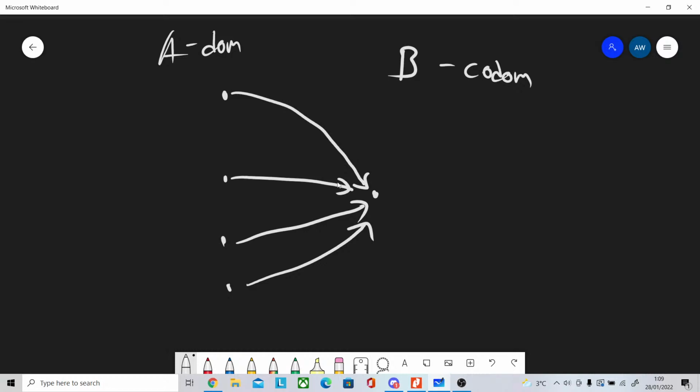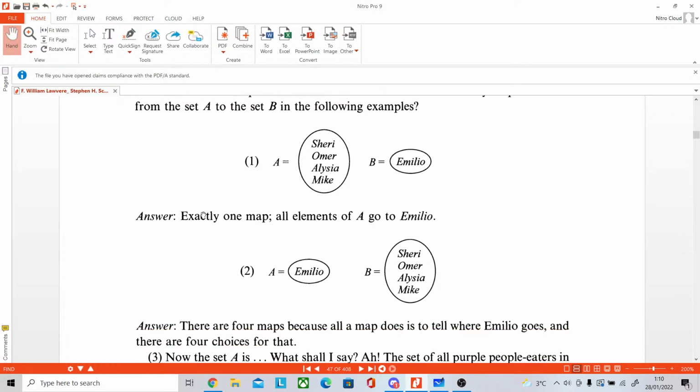So there is only one mapping, no matter how many. This is 4. If you add 5, then there's only one mapping from 5 objects into 1. There's only one mapping from 6 objects into 1, and so on and so forth. Yeah, exactly one map. All elements of A go to Emilio.